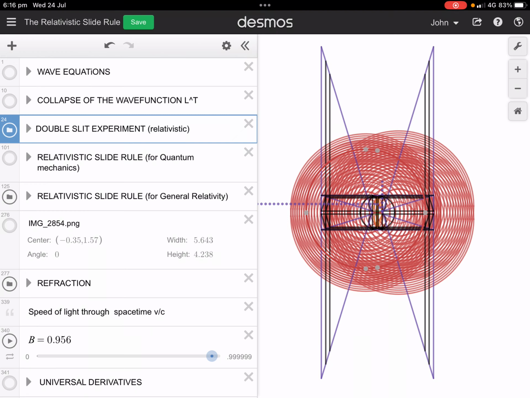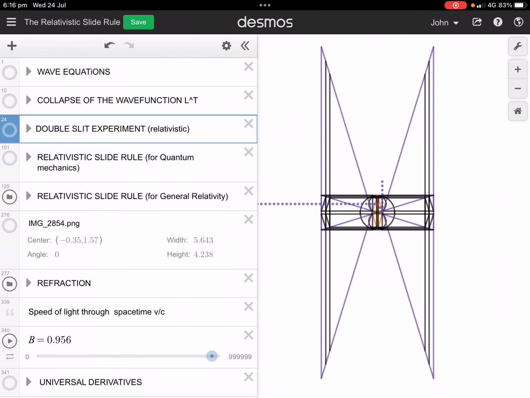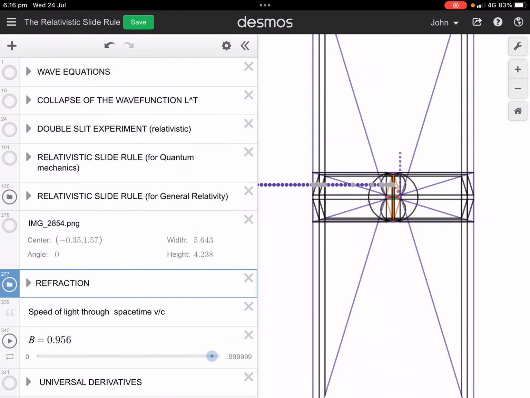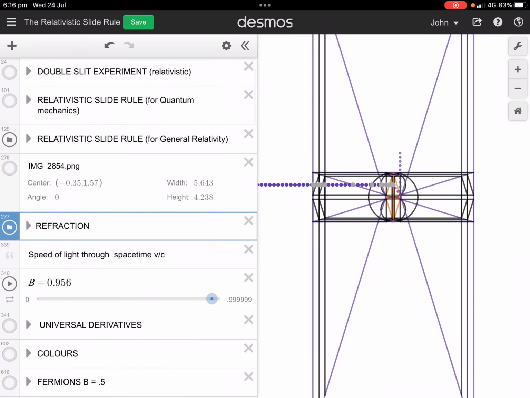So basically, waves are the problem. We don't detect the wave function, we only measure photons. Okay, so I'm ending up with rays of photons. And now I don't need to collapse anything. All I've got to do is figure out how the photons get to the detector, where they're detected.